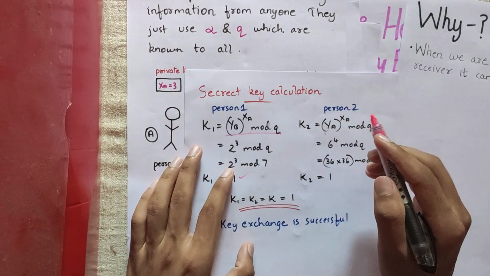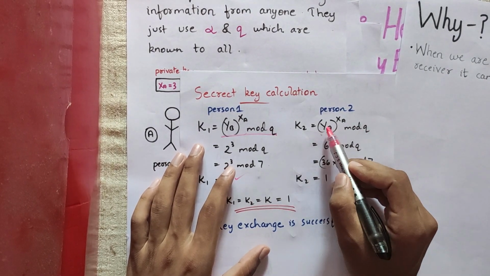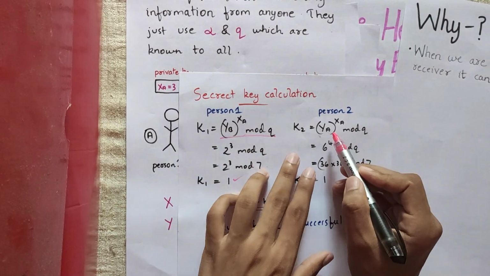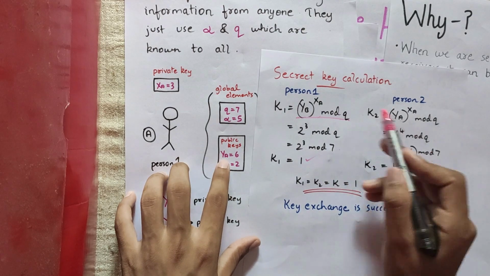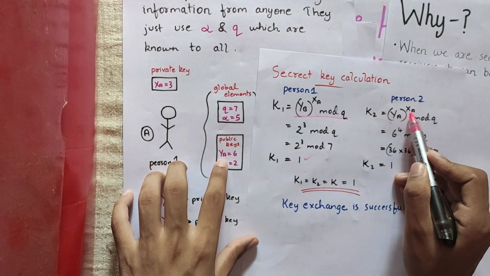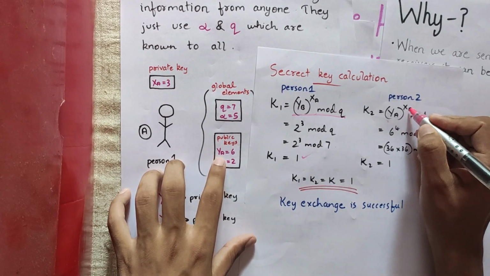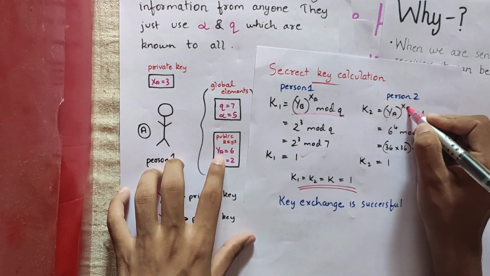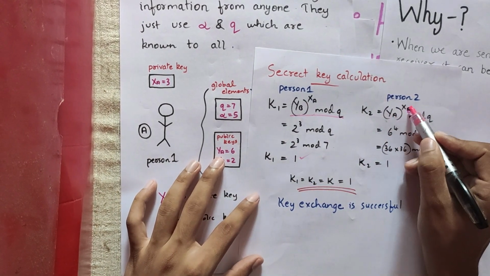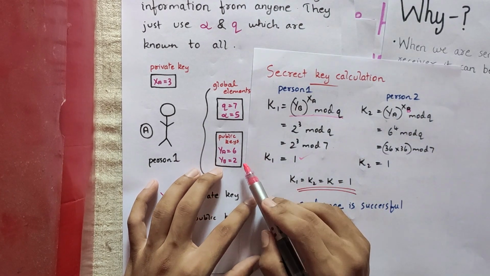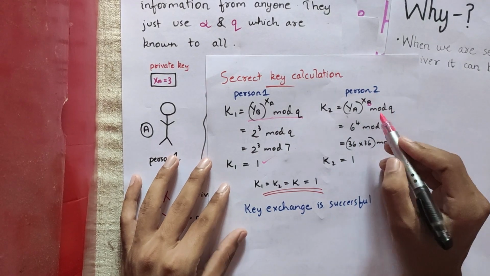Then for the next person, the formula is YA raised to XB mod Q. Here is the opposite of this equation: YA is the public key of person A, and XB is the private key of person B, sorry, I made a mistake earlier.